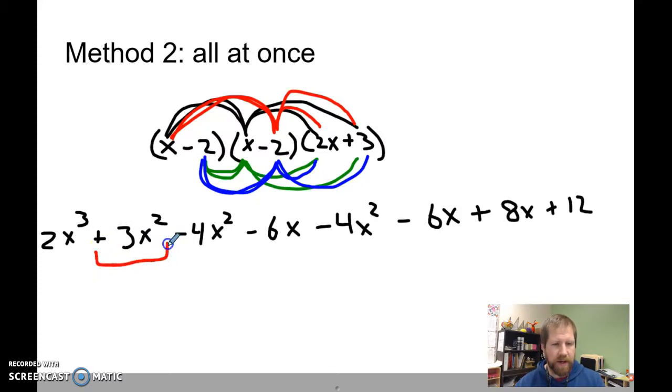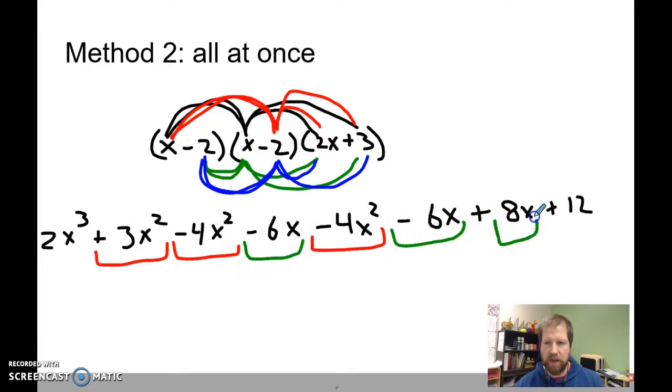Alright, so now I've got to come back and add all my like terms. So I've got my 3x squared, negative 4x squared, negative 4x squared. And I've got my negative 6x, negative 6x, and my 8x. And I've got my x cubed and my just constants.